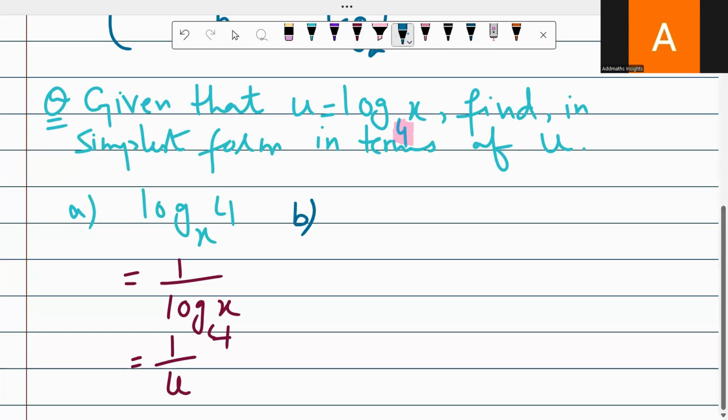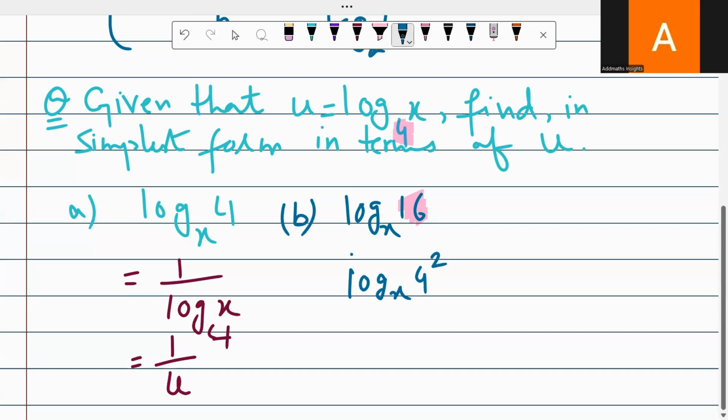Similarly, part B of the same question is log base x of 16. The first step is, again, the base is different, so you need base 4 here. You can express this 16 as 4 squared. So you write log base x of 4 squared.